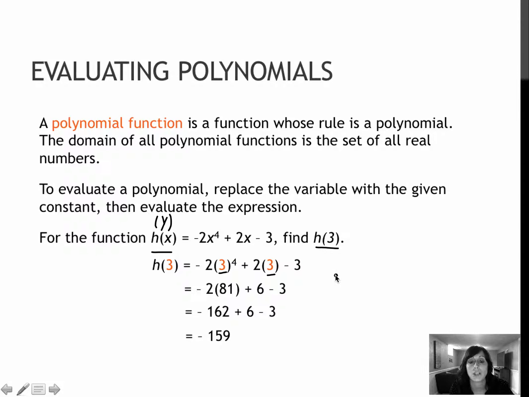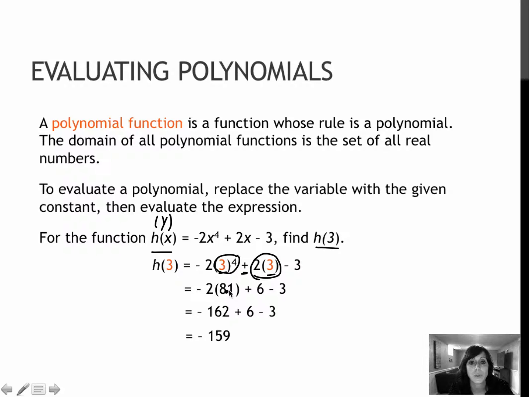The order of operations says that first I do parentheses, which I don't have any to evaluate, but I do have some exponents. So I'm going to evaluate 3 to the 4th, which is 81. And I can also evaluate 2 times 3, because that's multiplication, but notice it's separated by a plus sign, so it's legal for me to do that.